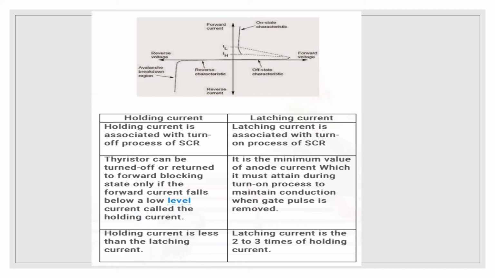Here if you can see, this one, the lower side is the holding current, which is working for the off state characteristics, and for the upper side we have got the latching current, which deals with when your device is in the forward conducting state.